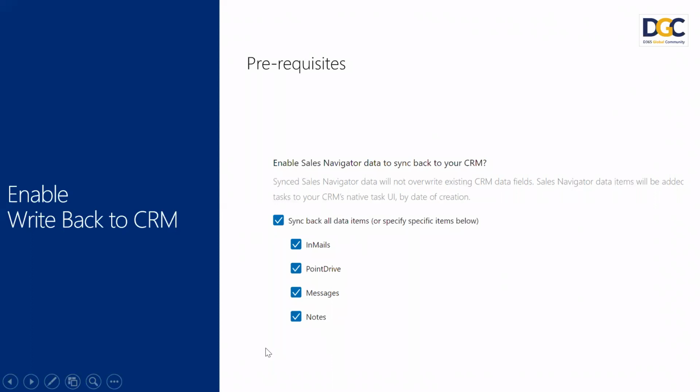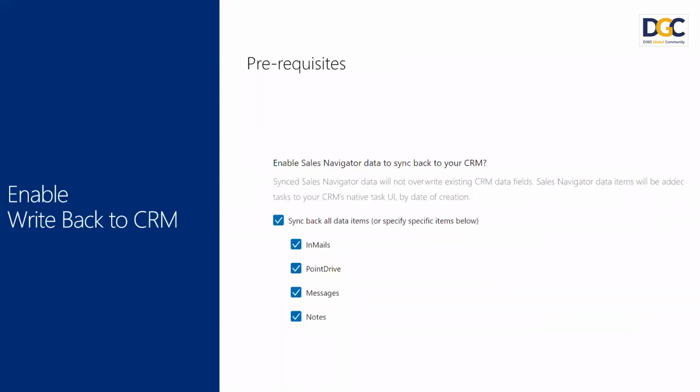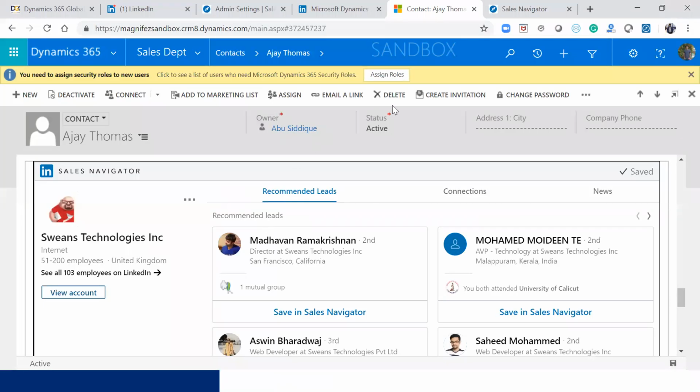These are the four things I can synchronize back to the CRM. So this is very clear. Accounts, contacts, leads, and opportunities can be synchronized between CRM and Sales Navigator. And from Sales Navigator, these four activities, which are considered CRM activities, will be synchronized back to your CRM system. So let's have a look at where we can perform this synchronization.